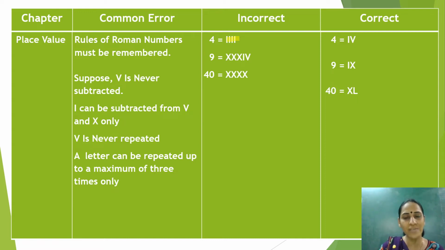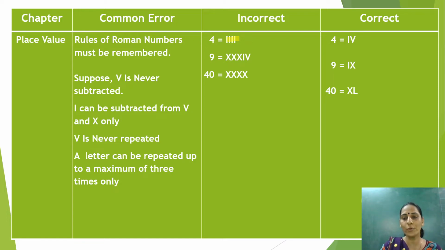Now in the same chapter, place value, what is the next common error? The rules of Roman numbers must be remembered, right? That means they are not remembering the rules of the Roman numbers. For Roman numbers, once they learn or remember the numbers from 1 to 10, then they can easily make the bigger numbers, right?